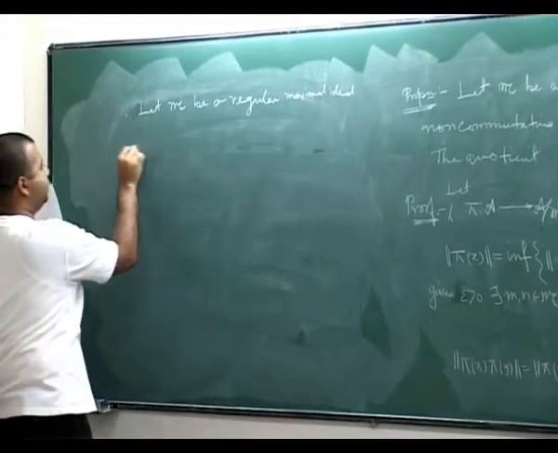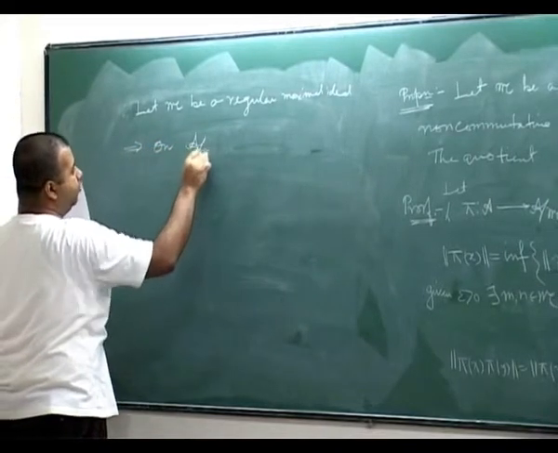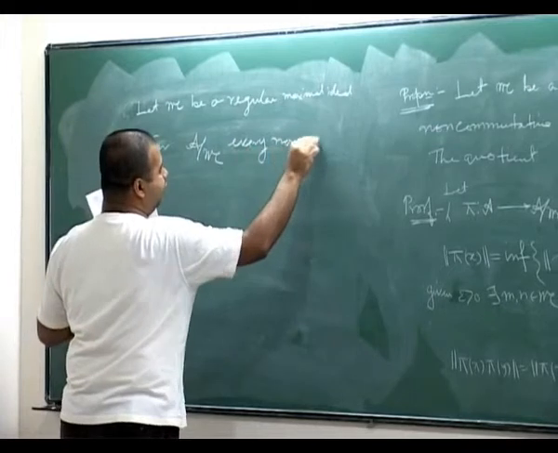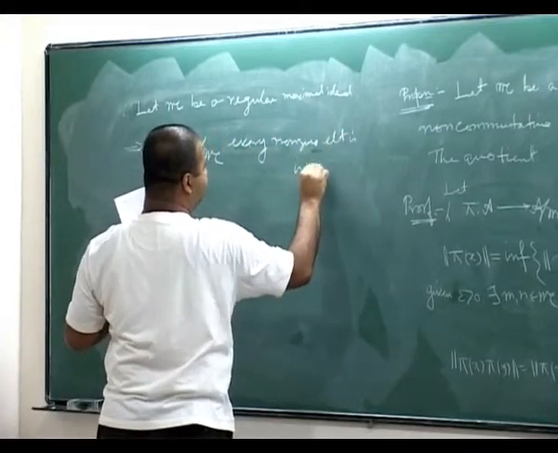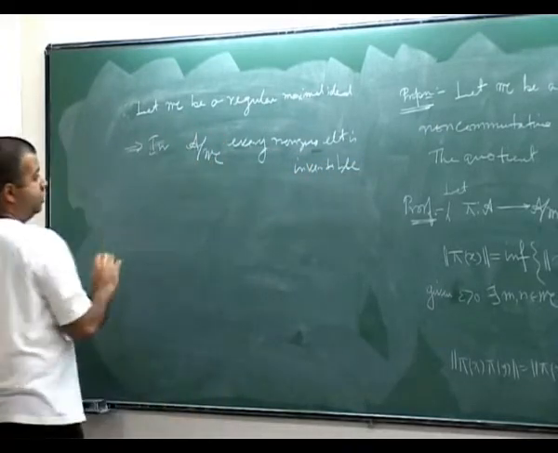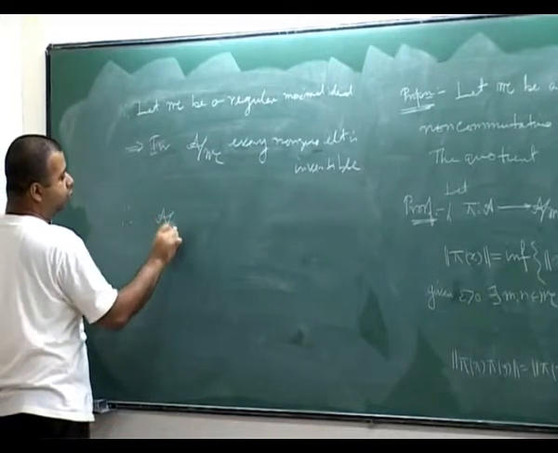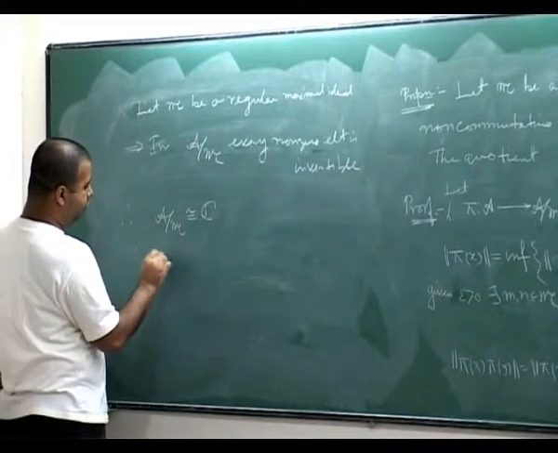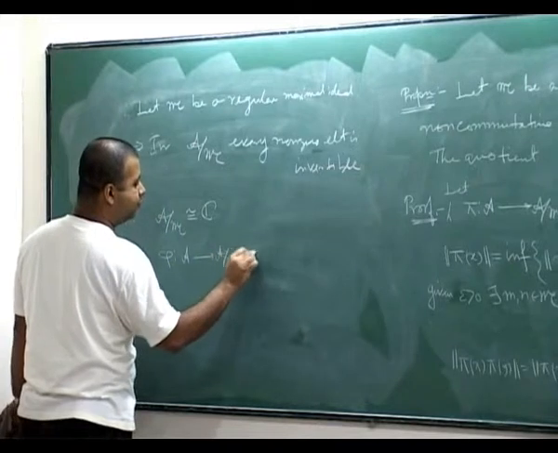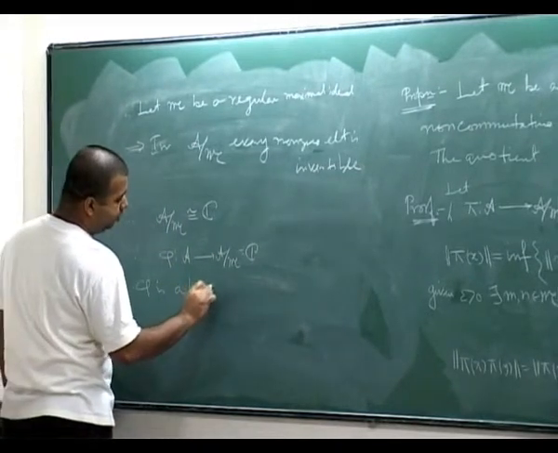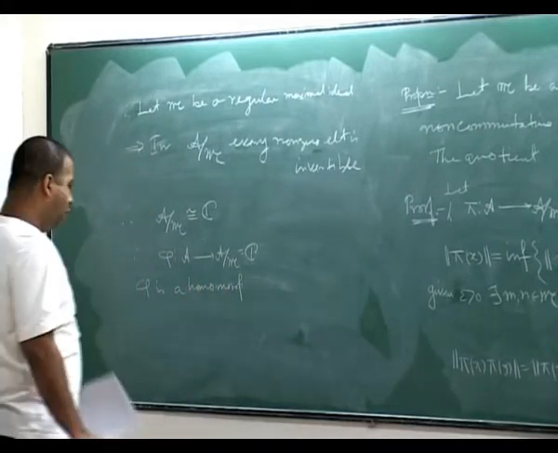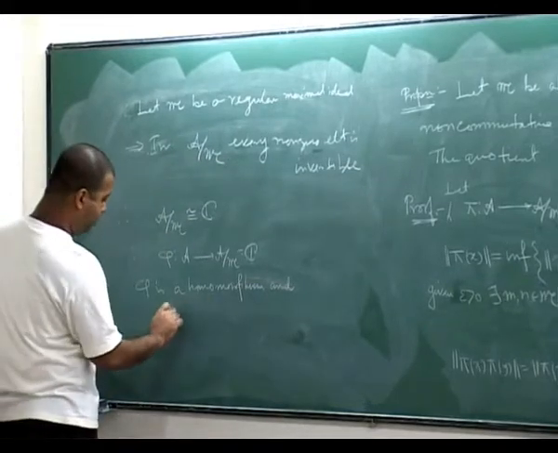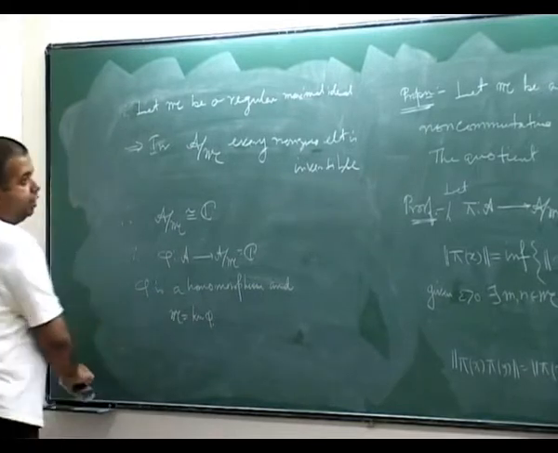This fact that it is a regular maximal ideal implies that A mod M is a Banach algebra where every non-zero element is invertible, and therefore we proved that it must be C. So if I define phi to be the quotient map, then phi is a homomorphism and M is equal to kernel of phi.